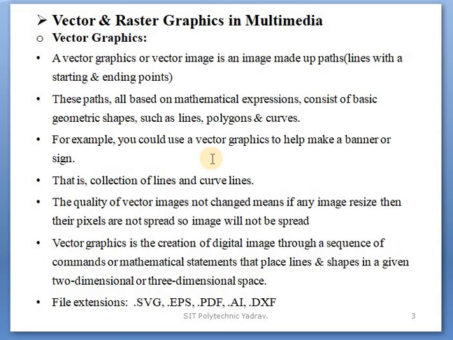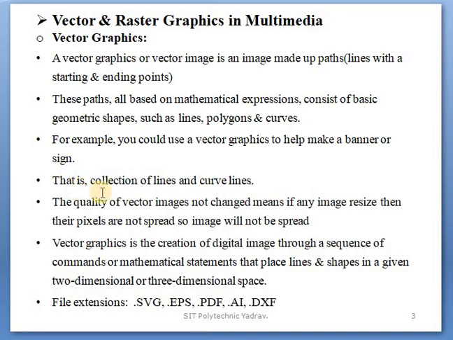For example, a banner or a sign are images under vector graphics or vector images. Why? Because banners and signs are images made up using paths, and these do not change.